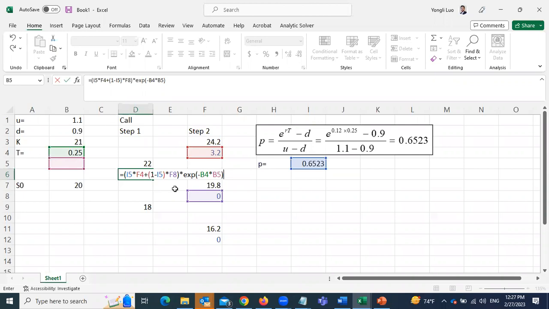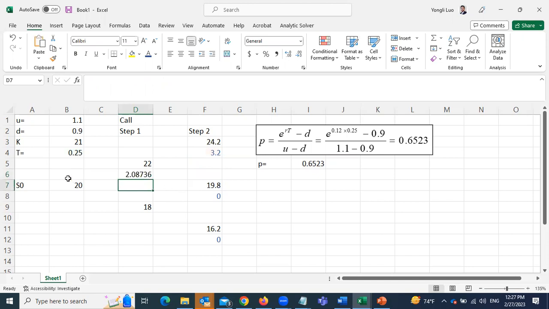Everybody and anyone else? You got it? Okay, yeah, so that is the price. We put 0.12 as the interest rate r equal to 0.12. Okay, that's 2.02.